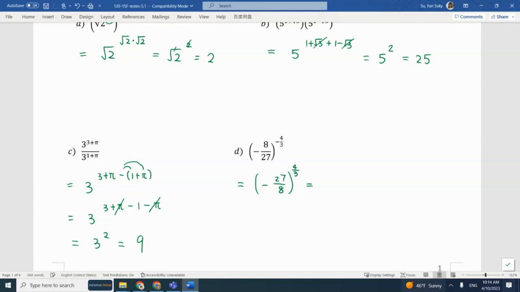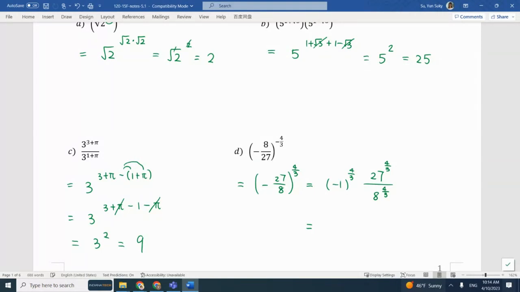If it's multiply or divide, then we can distribute the exponent. If we have addition or subtraction, can we distribute the exponents? No. So let's distribute it. Minus 1 to the 4/3, and then 27 to the 4/3, 8 to the 4/3.